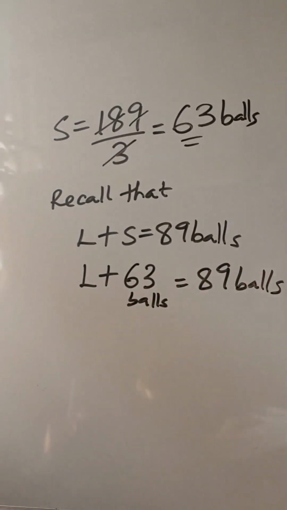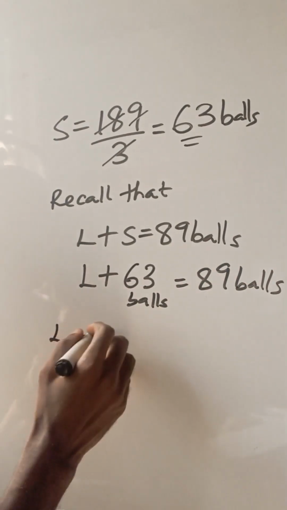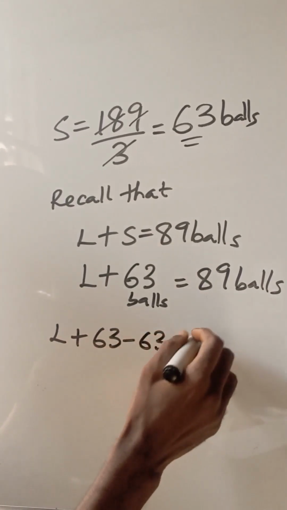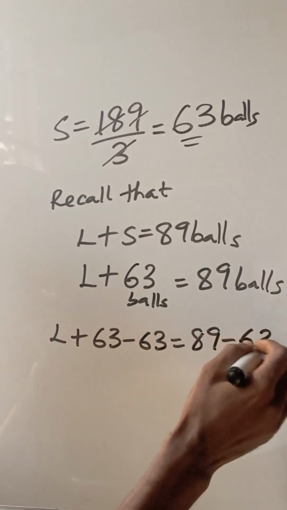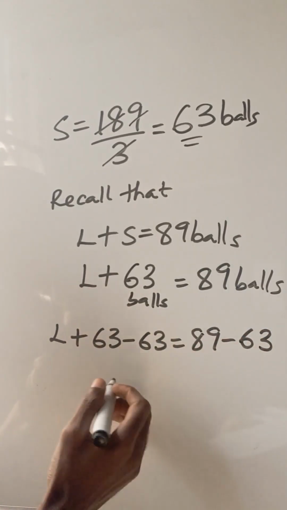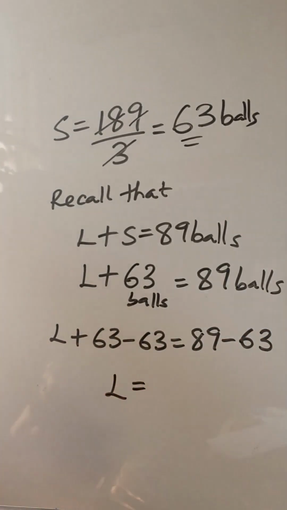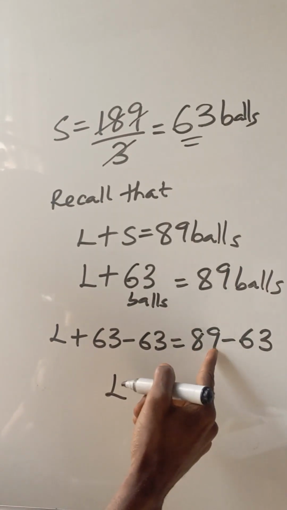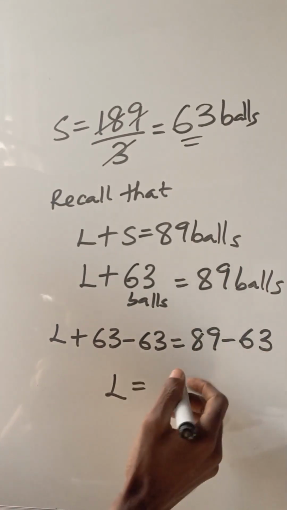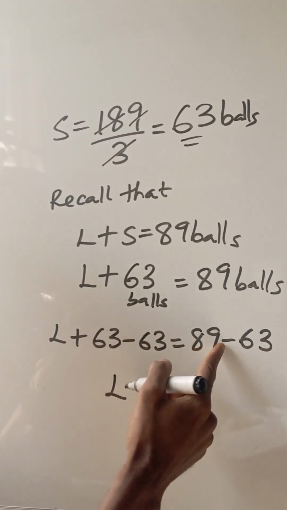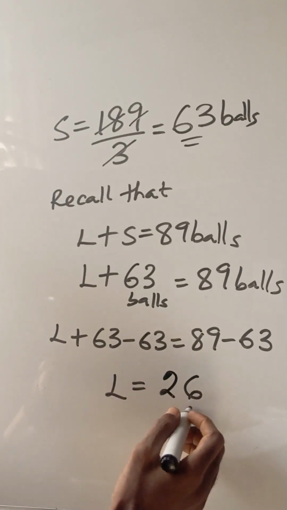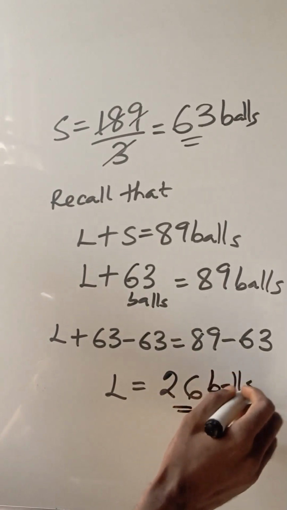So how do we get the big balls in the bag? We are going to simply remove 63 from both sides. So this minus this is 0, so we are left with L. So 89 minus 63: 9 minus 3 will give us 6, 8 minus 6 will give us 2. So we have 26 balls.